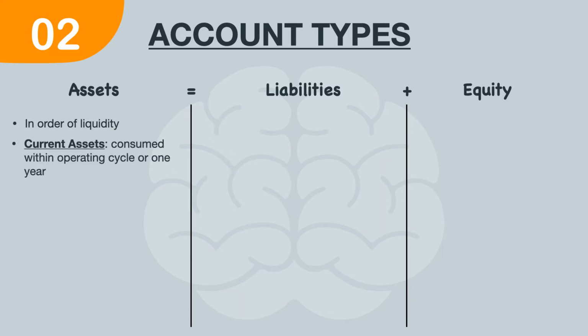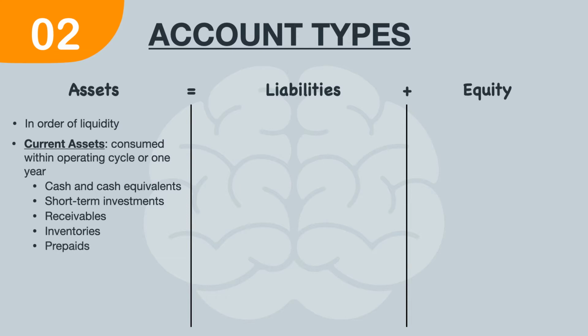Current assets are those which are expected to be realized in cash or to be consumed during the normal operating cycle or within 1 year of the balance sheet date, whichever is longer. So these would include cash and cash equivalents, short-term investments, receivables, inventories, and prepaids in that order.